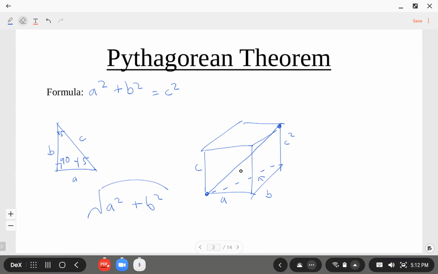And we can talk all about that kind of stuff. For example, if you have the surface area of a rectangular prism and the volume of a rectangular prism, and then you also have the space diagonal of it, you just need two of those, and then you can find the third, with some crazy formula.